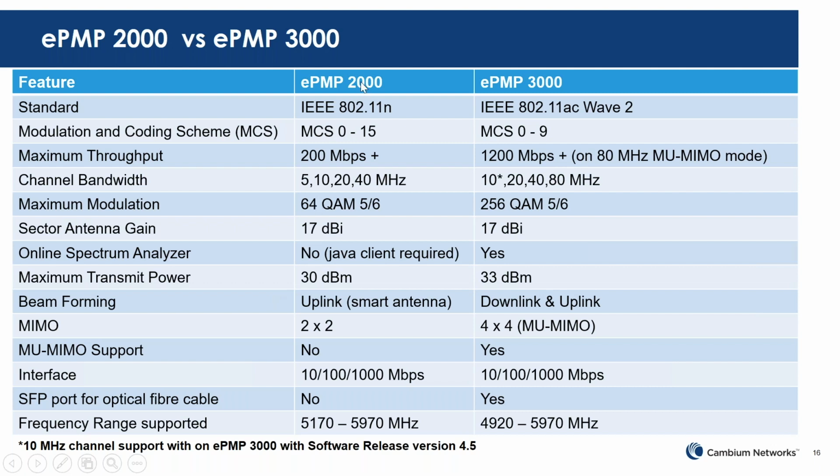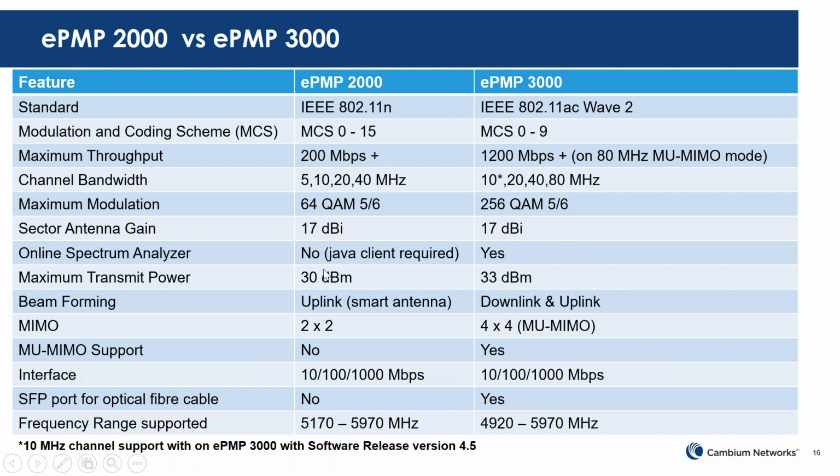We have more granular channel support on ePMP 2000: 5, 10, 20, 40, whereas on ePMP 3000 you have 10, 20, 40, and 80. There is no 5 megahertz channel support on ePMP 3000. The maximum modulation supported is 64 QAM for ePMP 2000 and 256 QAM for ePMP 3000.